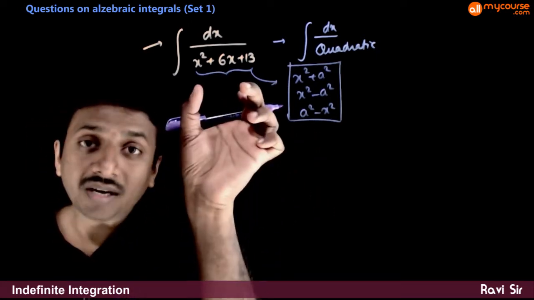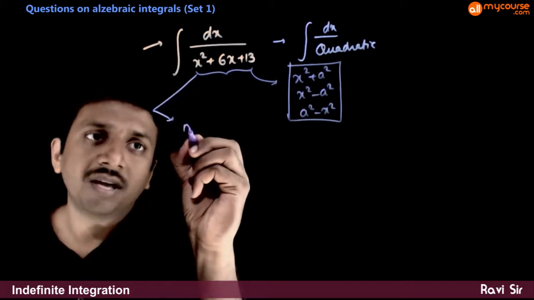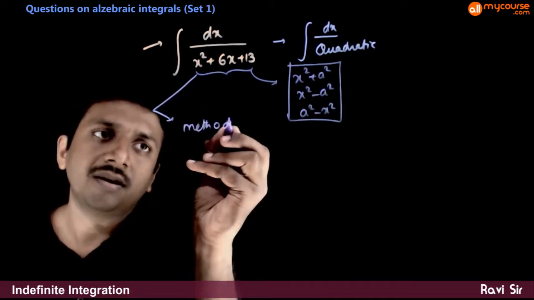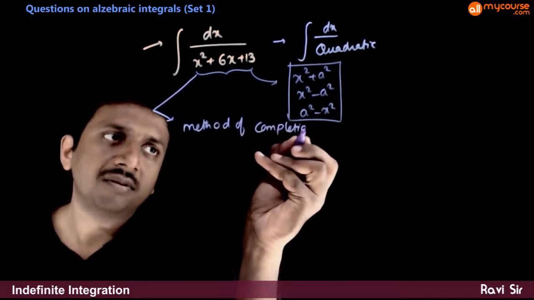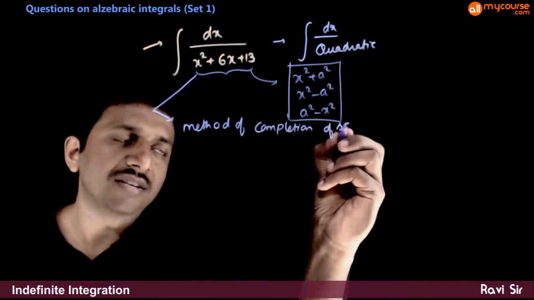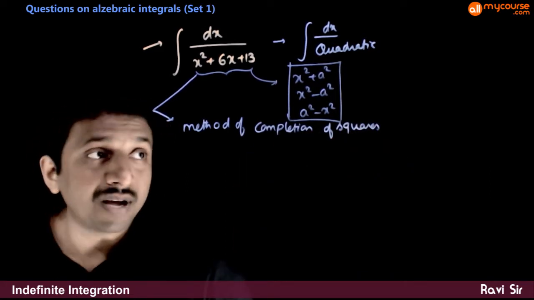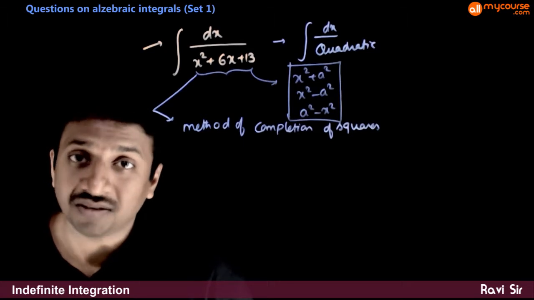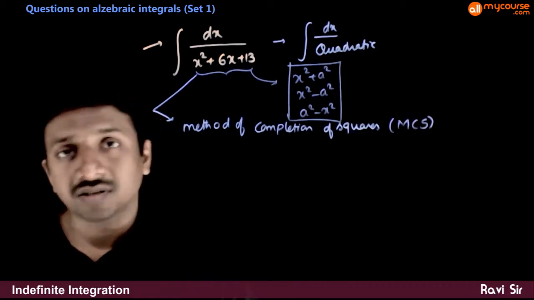To convert a quadratic into these forms, we use the method of completion of squares, MCS. We use the MCS process.